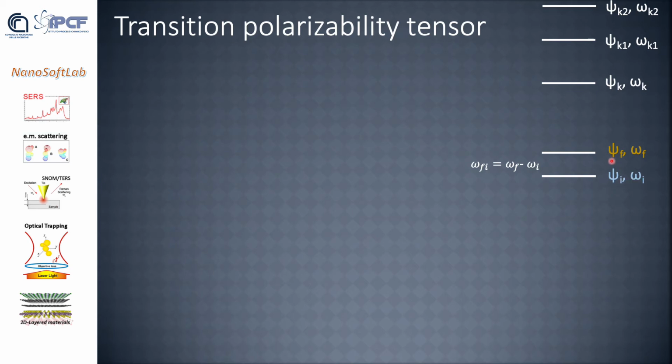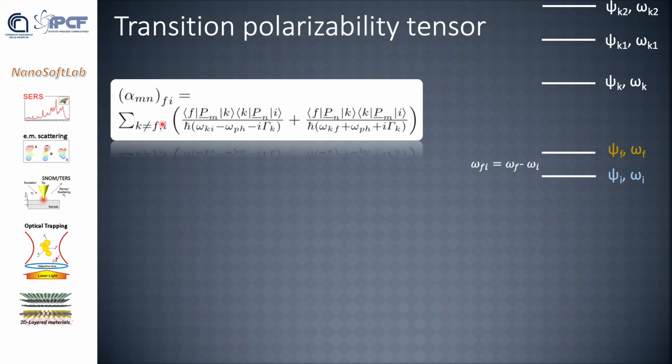The final state, that we will consider in our transition, of wave function psi f and energy omega f. Omega fi will be the difference between these two energies and will be the energy of the transition that we will consider. But on top of this, there are also the other excited states that we will call psi k, psi k1, psi k2 with energies omega k, omega k1, omega k2.